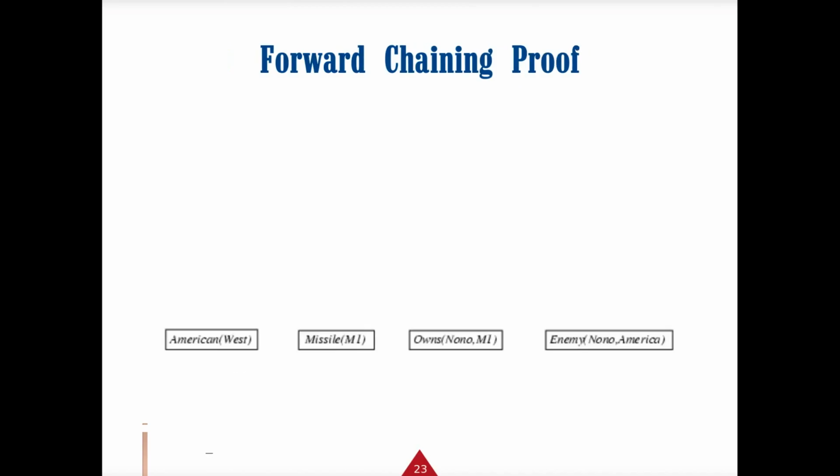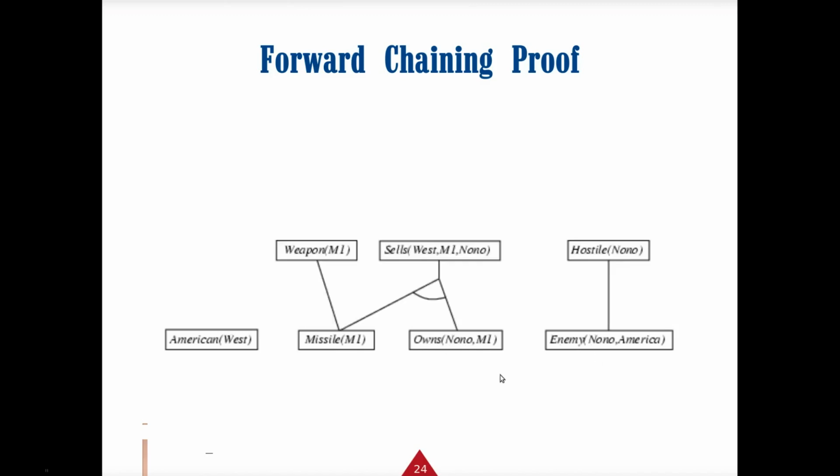So in this case, we have the definitions: Colonel West is an American. There's a missile M1. The country Nono owns missile M1, and the country Nono is the enemy of America. So we imply that a missile is a weapon.